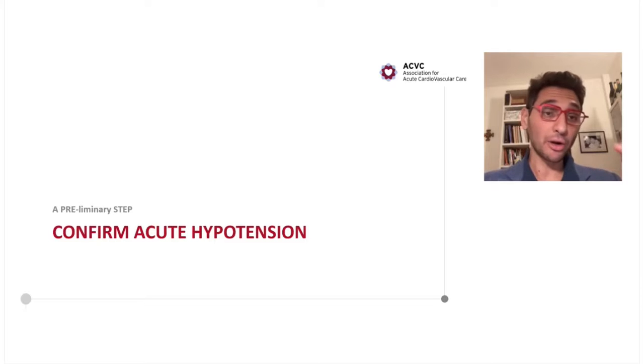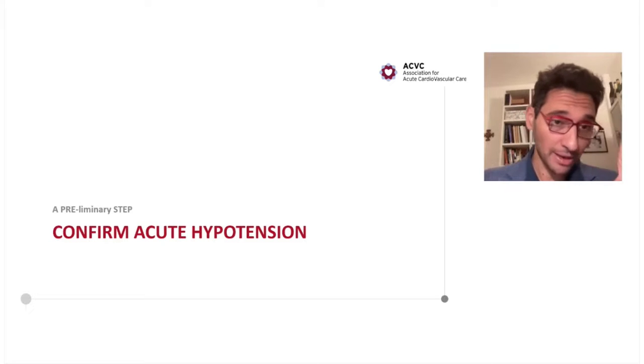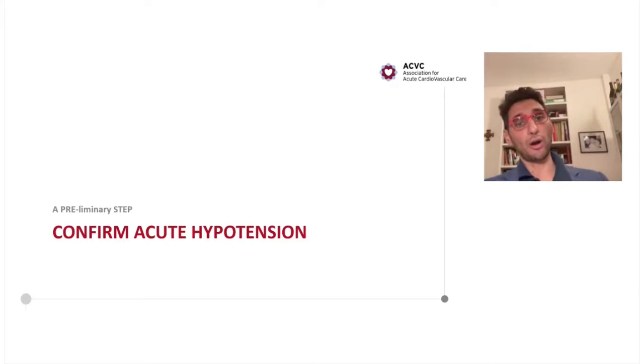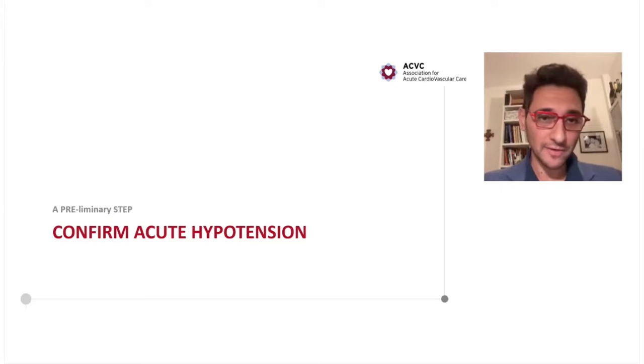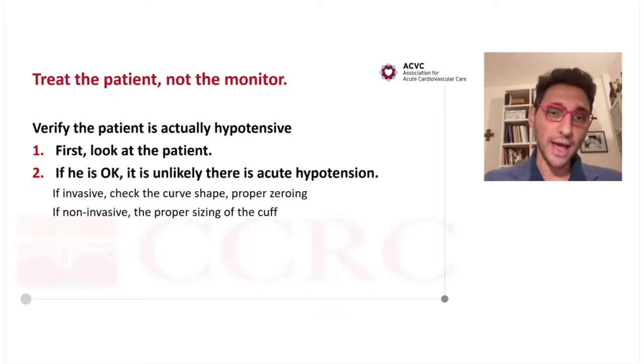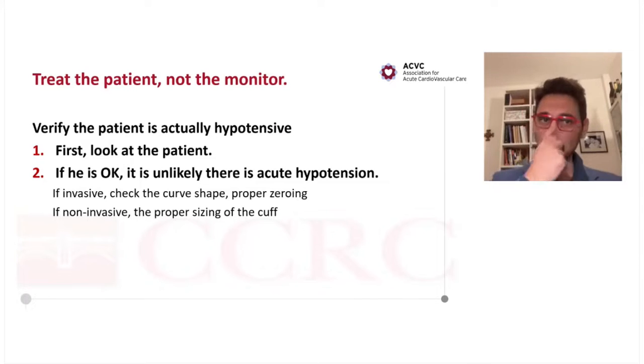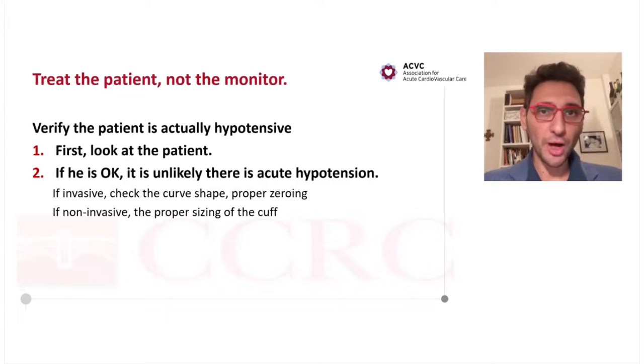A preliminary, very important step, when you are on call, when you are called by your nurse in your ward or intensive care unit for a suspected acute hypotension, is to confirm it. When you have hypotension, especially with non-invasive monitoring, look at the patient first.